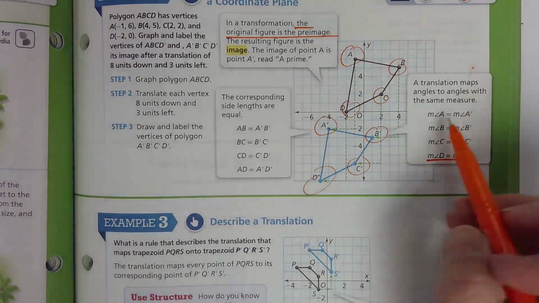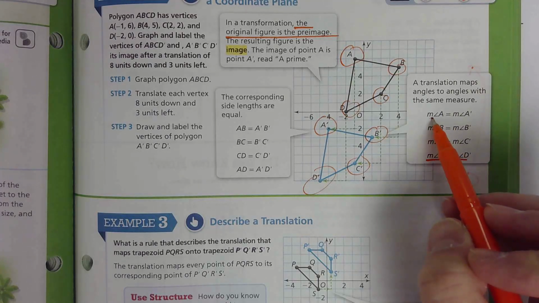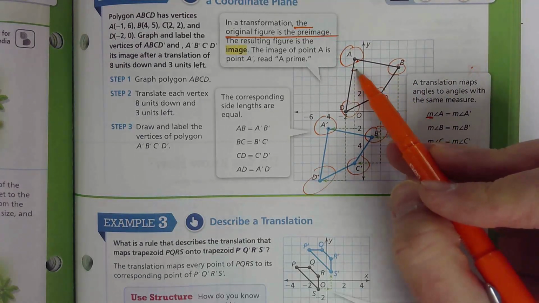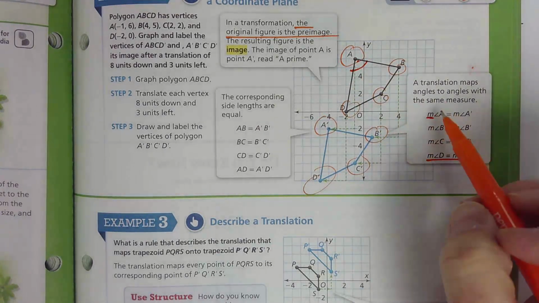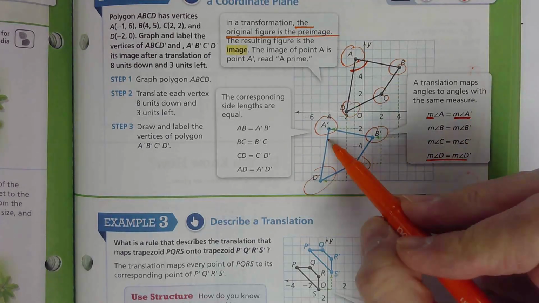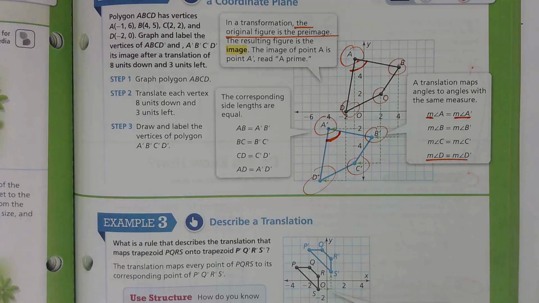This first one says M angle A, which means the measure of angle A, and here's angle A. The measure of angle A is equal to the measure of angle A prime. They're exactly the same. The angles don't change when it's a translation.